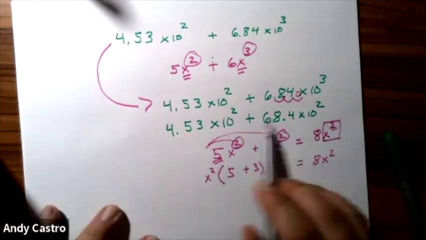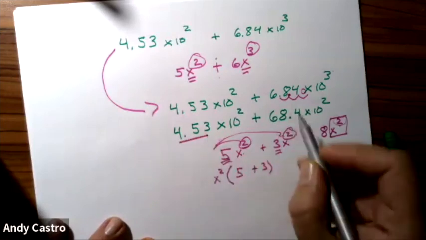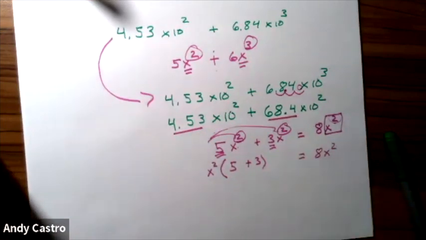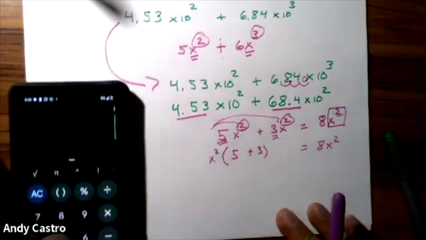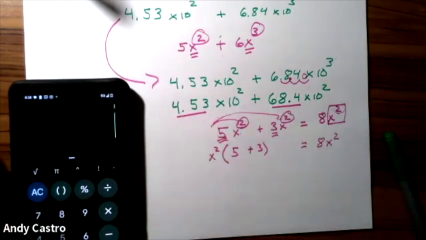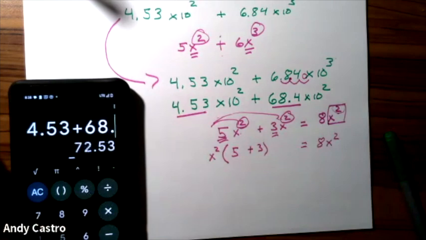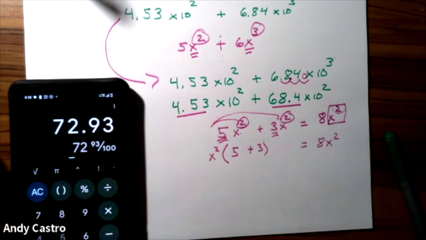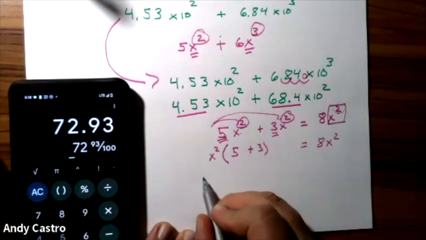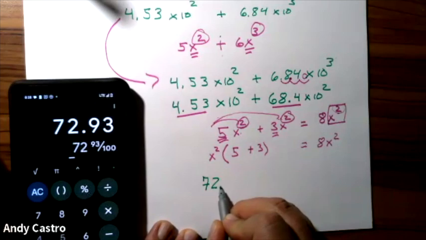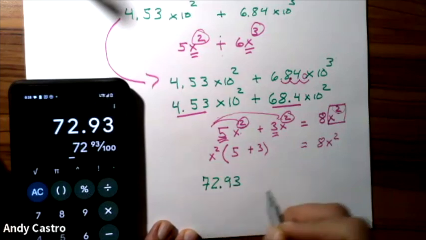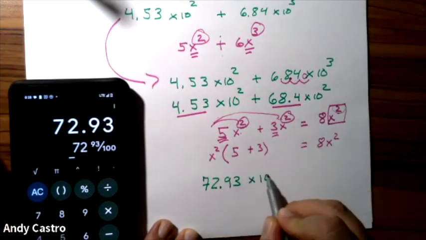Same thing here. We can combine these two by adding these numbers that we multiply by 10 to the second. And so I'll use a calculator, but you can, this is addition, so it's kind of simple to do. But you do 4.53 plus 68.4, and that gives us 72.93 times 10 to the second.